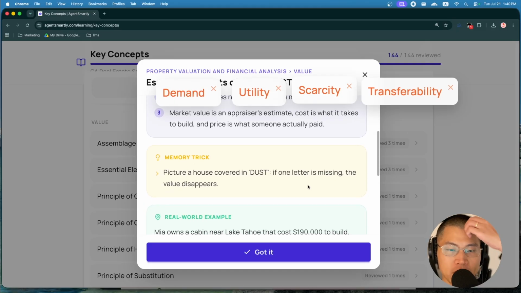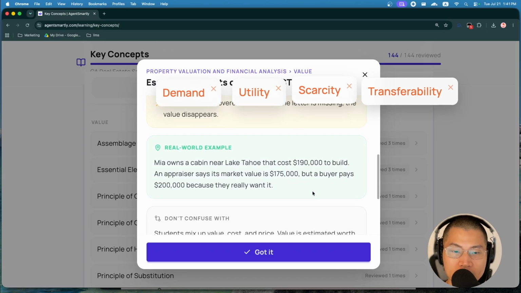For the memory trick, picture a house covered in dust, and if one letter is missing, the value disappears. So for example, if one house is in high demand, very scarce, and has a lot of potential, but it cannot be transferred to a new owner, right? So it just loses its value.